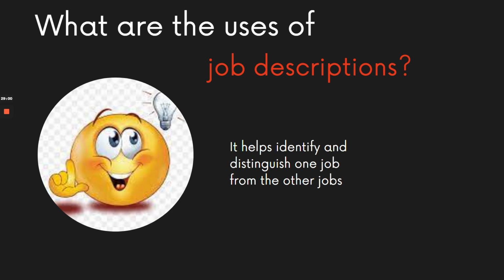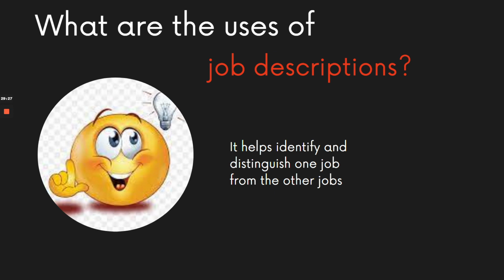Job descriptions help identify and distinguish one job from the other jobs. So, mo na may tag supervisor, okay, or line supervisor. Ang job description ana will be supervisor supervising the packaging line. So isa ka linya ra ang iyang i-supervise.